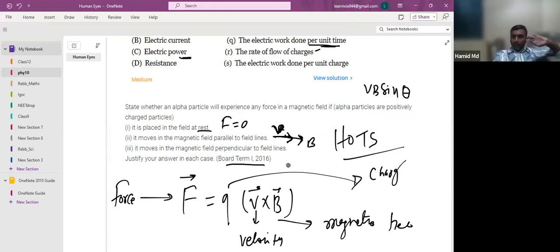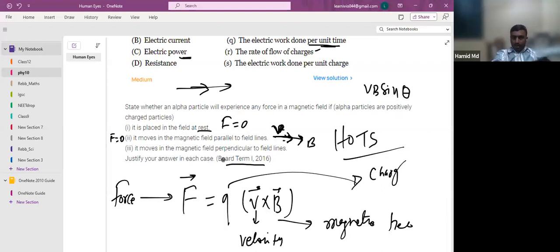When two lines lie along each other, what will be the angle between them? 0 degree. So sine 0 is how much? Rizwan, sine 0? 0. So this turns to 0, so the force is also 0, right?